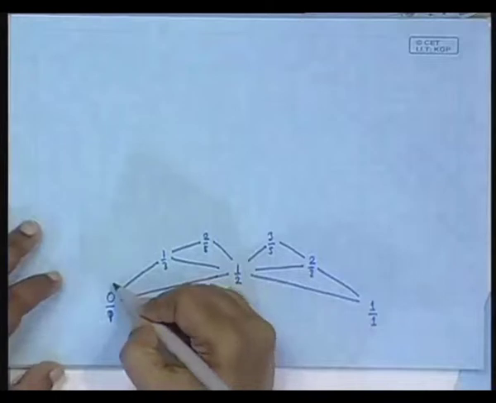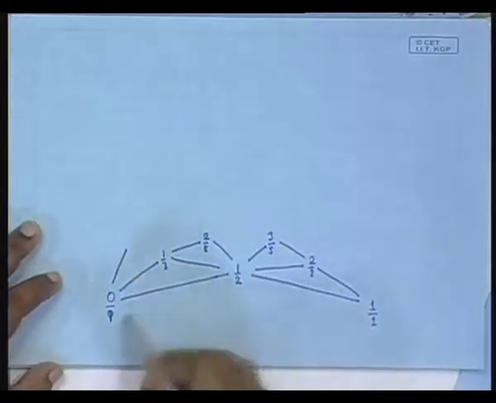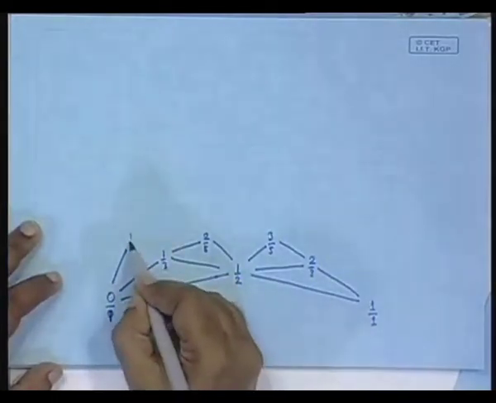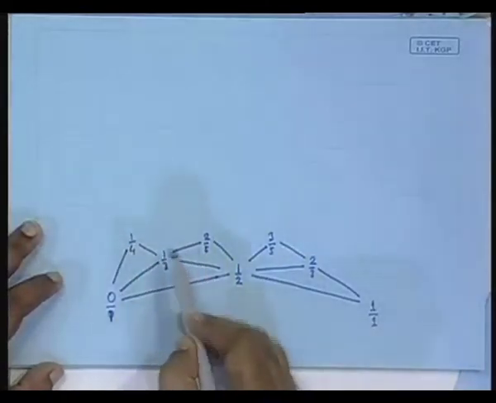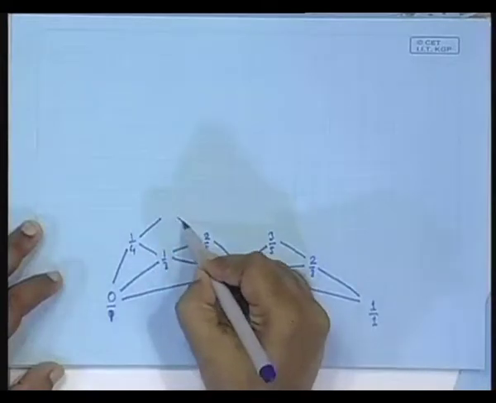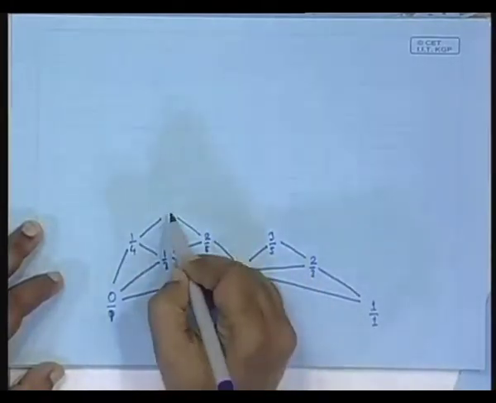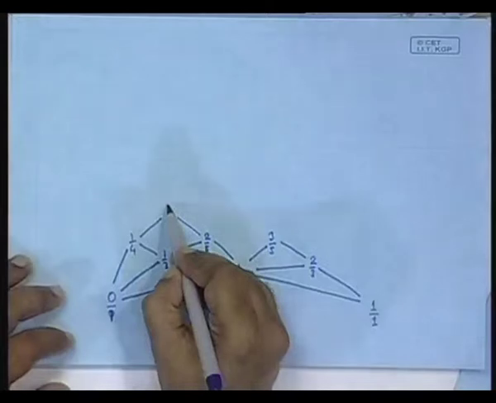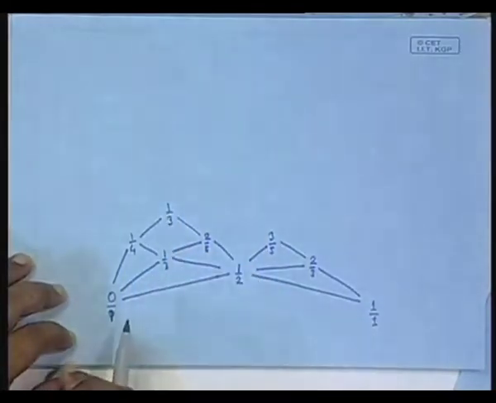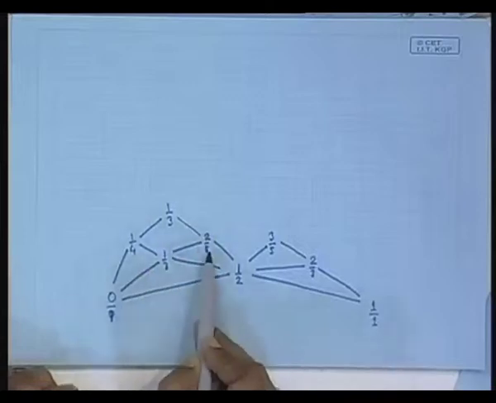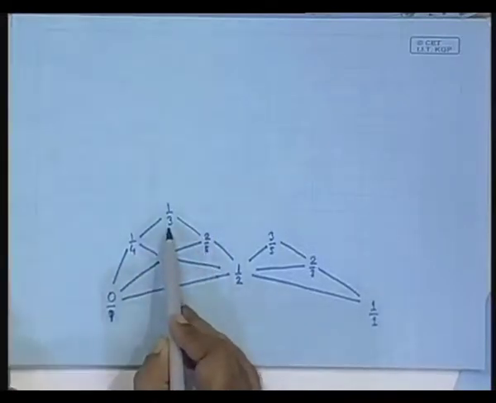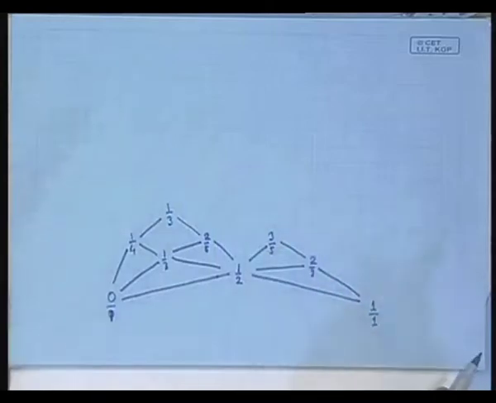Okay. What will be here? Quick. 1/4. What will be in between these two? 3 by 9, 1/3, right? 2 plus 1, 3, 4 plus 5, 9, 3 by 9 is nothing but 1/3, and so on and so forth. You will be able to build up the tree yourself, and actually that is what happens in dynamics.